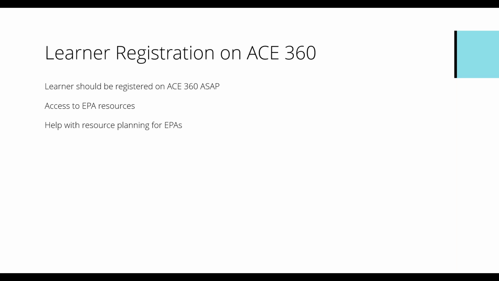So within the system, it does show you which apprentices are in the training phase, gateway evidence being uploaded, approved for endpoint assessment, and ultimately when a grade has been awarded. Now, because we use ACE 360 as the management information system, this will allow you to access the EPA resources within the knowledge base.